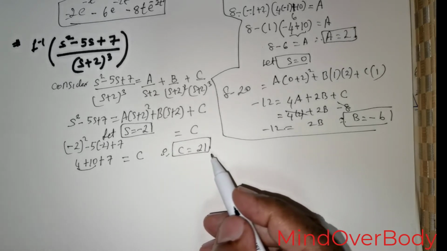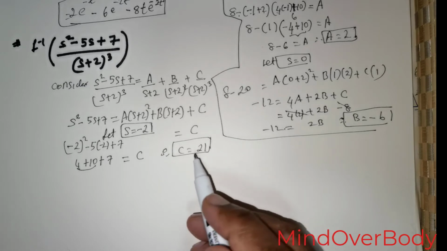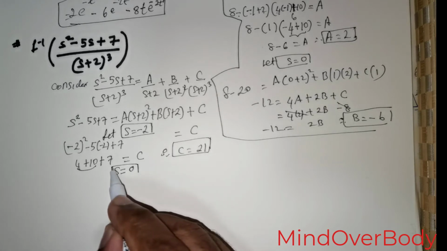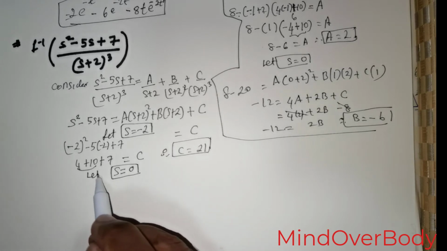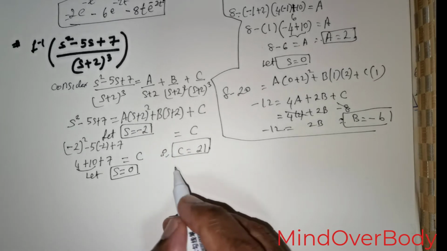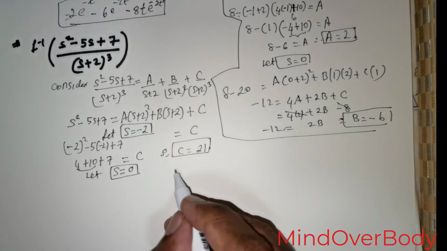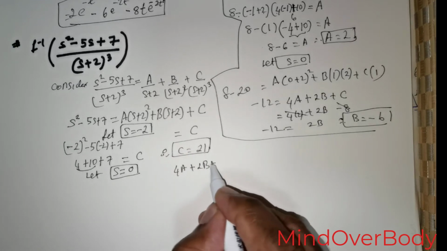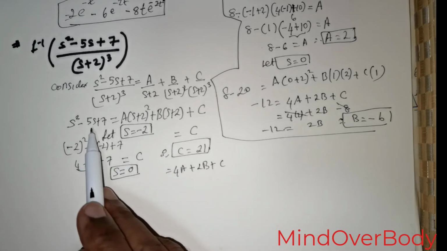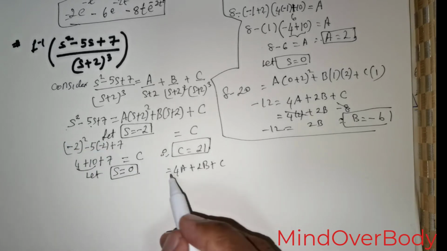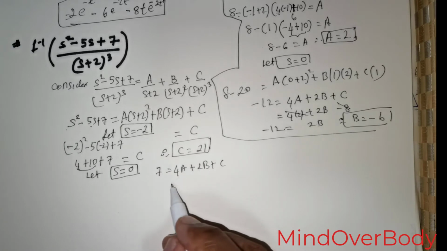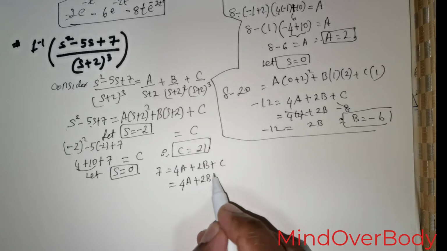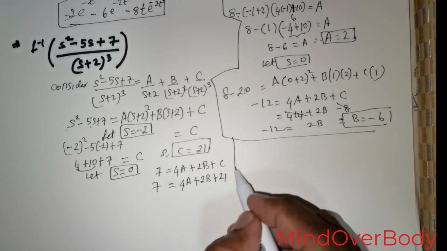Now if I were to take the value for S to be say 0, then this is going to be 0 plus 2 squared, right? So it's going to be 4 times A, and 0 positive 2 times B positive C is equal to, this is going to vanish, this is going to vanish, and I get 7. But my C is 21, so I can replace that. 4A positive 2B positive 21, and you got a 7 there.